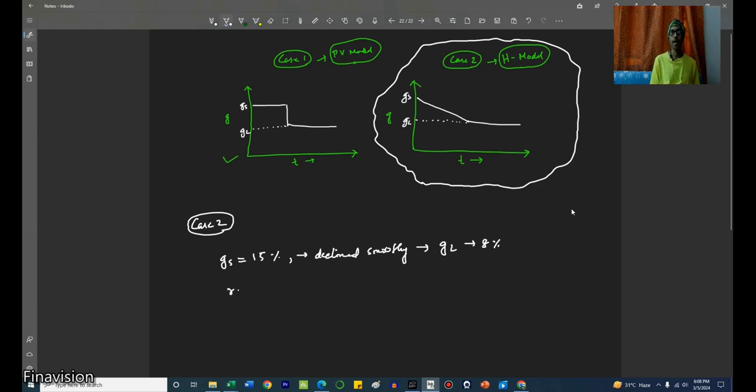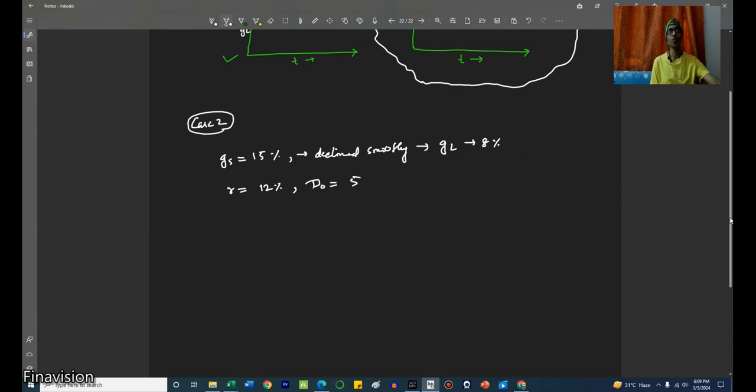The required rate again is 12%. The initial dividend D0 is $5. We will try to calculate, according to the H model, what is the valuation.